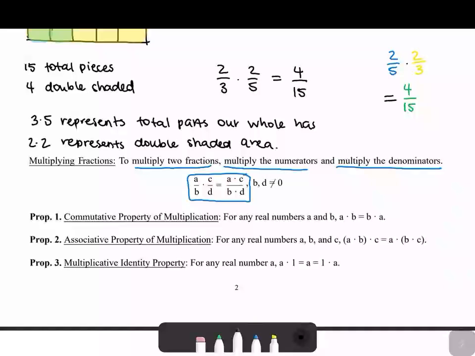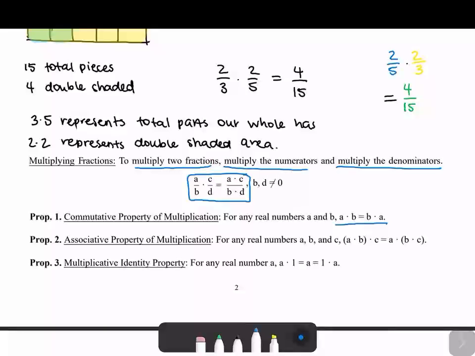Okay, so now that we have the general formula for multiplying fractions, we have all of the same properties. Like I said at the beginning of the first video, all of the algorithms and models and even the properties of multiplying with whole numbers that we talked about in chapter 3, all of those extend here. So we still have the commutative property, where it doesn't matter which order you multiply things in.